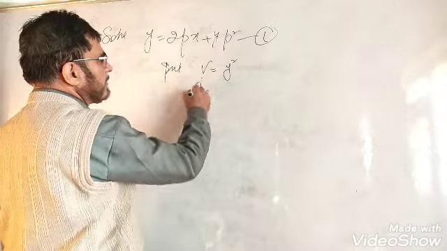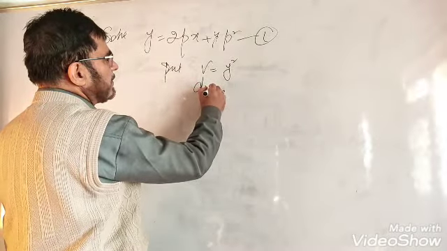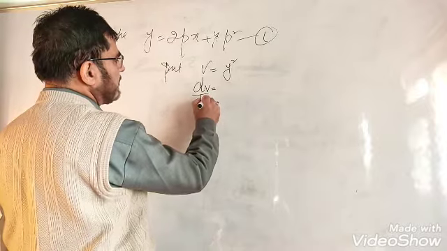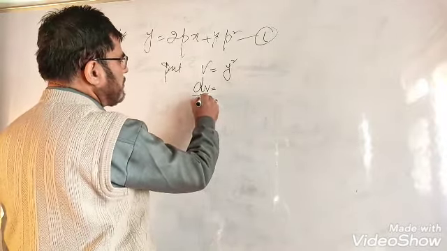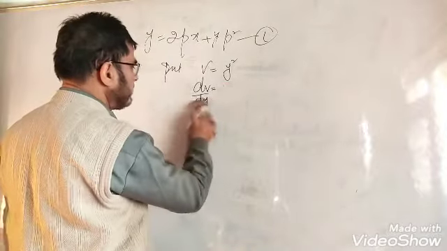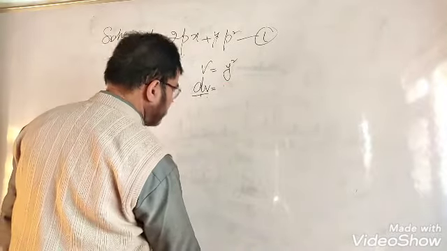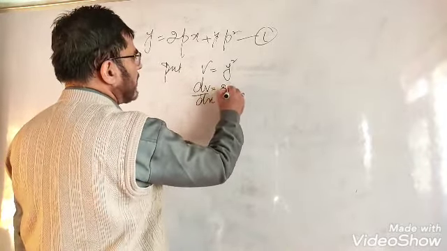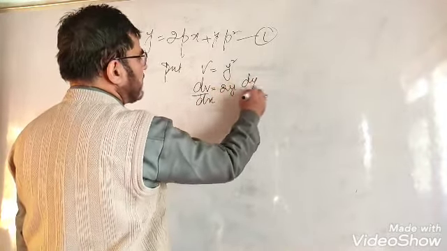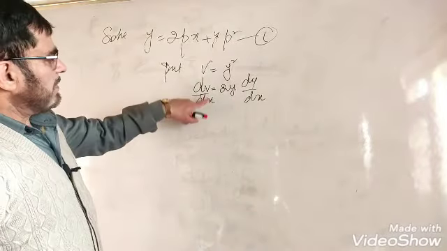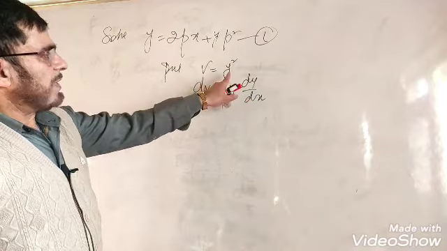I will differentiate with respect to x here. dv/dx is 2y dy/dx, since y is a function of x.